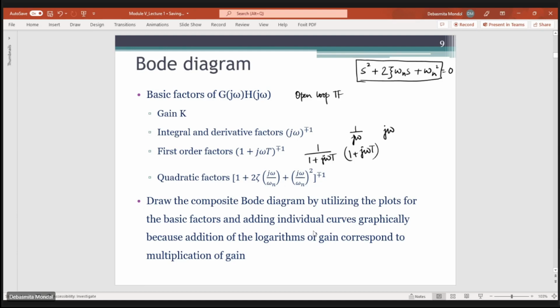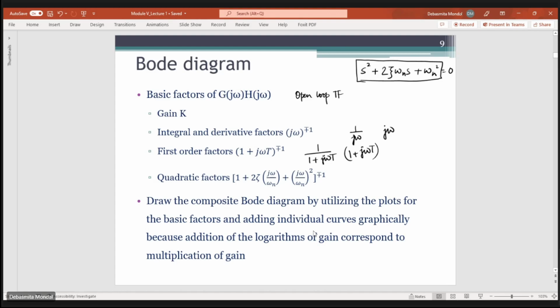So what we'll do is draw the composite Bode diagram by utilizing the plots for the basic factors. We'll see how the plots for these basic factors look, and then depending on the transfer function provided to you, you can simply add the corresponding Bode diagrams on the semi-log graph paper, and you will end up with the overall frequency response of the full system.